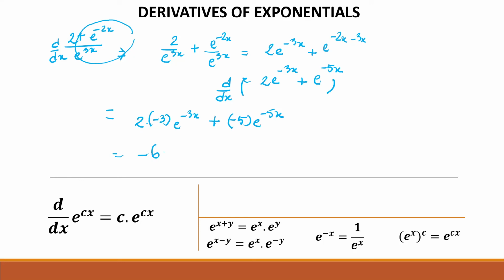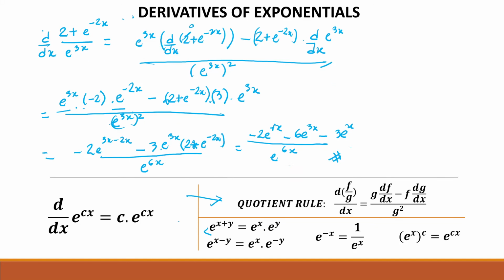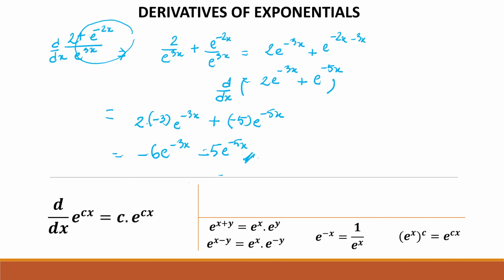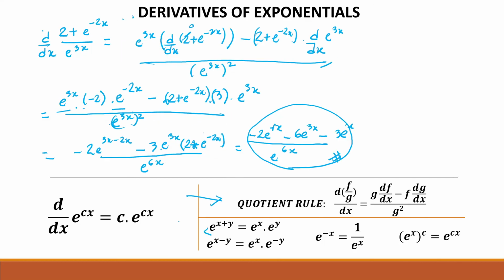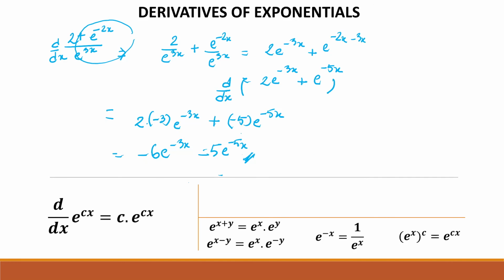This is minus 6 e to the power minus 3x minus 5 e to the power minus 5x. If you simplify this whole term in our previous example, then we'll get a similar result here. So instead of going through all this quotient rule and everything, if you know the basic properties of exponentials, then it will be a lot easier.